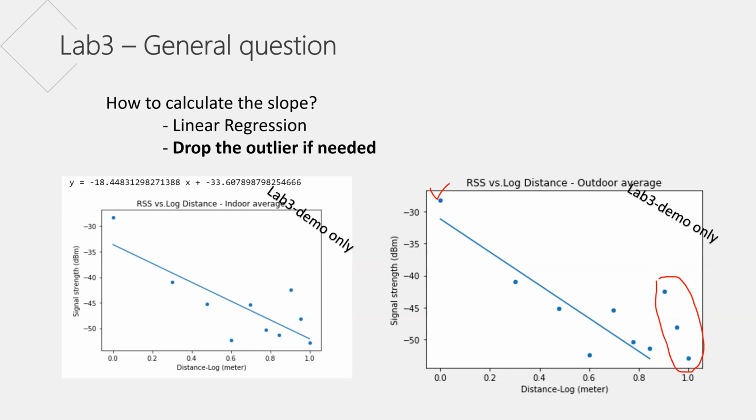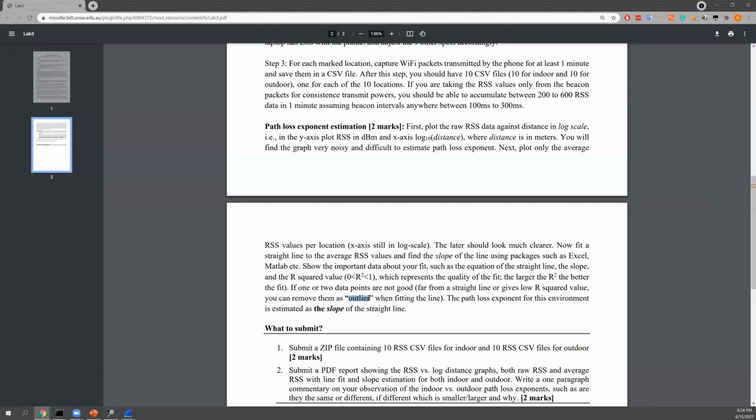Does that make sense? I'm just saying if we have any outlier in our data set, we just need to remove it. And then we can calculate the R square value based on that.